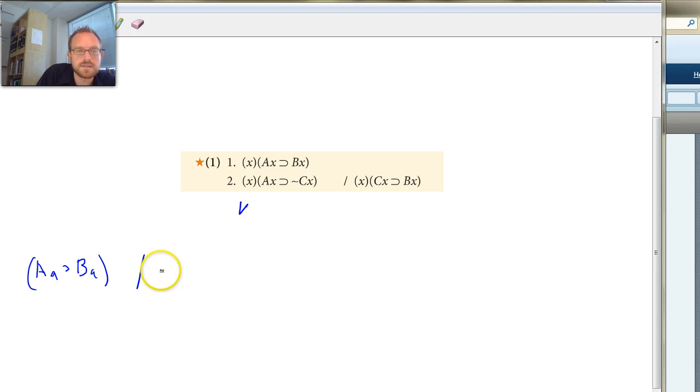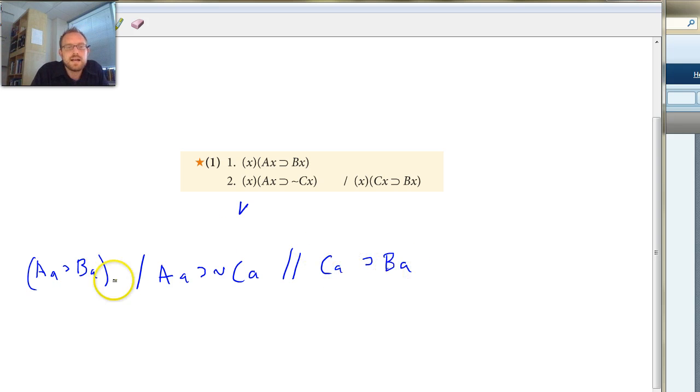The second premise is AA, then not CA. And the conclusion is a universal that says CA, then BA. Now, if I was going to add these, I would start adding my conjunctions afterwards.